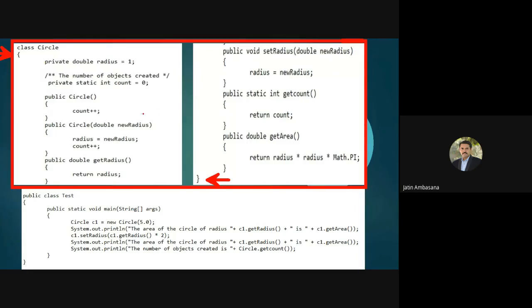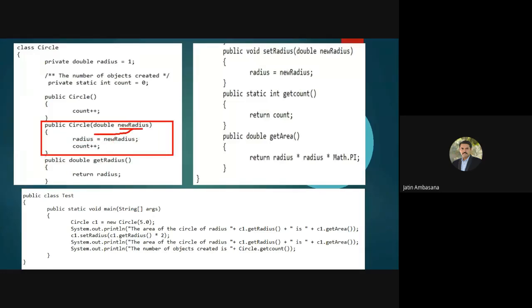If you call the default constructor or the no-argument constructor, then also it will increment. And if you are trying to create the circle by passing a radius, then that radius will be assigned to this radius variable, this particular variable. Also it will increment the count. Now you also have a getter method, an accessor method, to return the value of radius, so that the user can get the value of radius if he wants to read it.